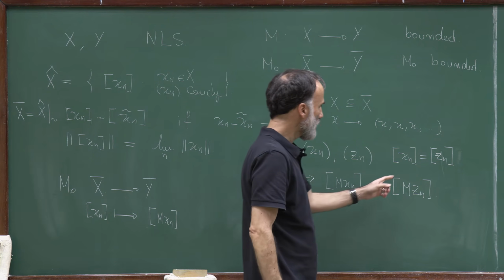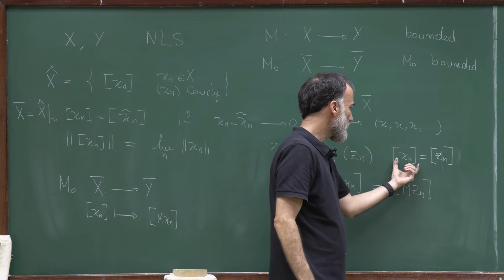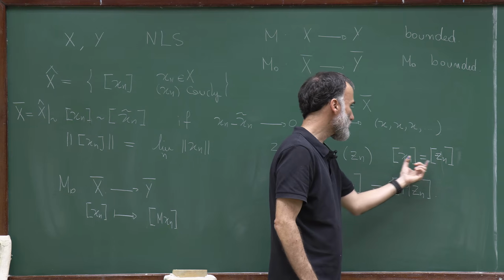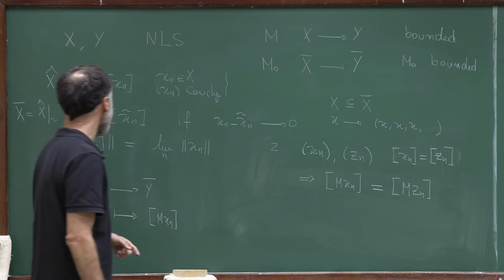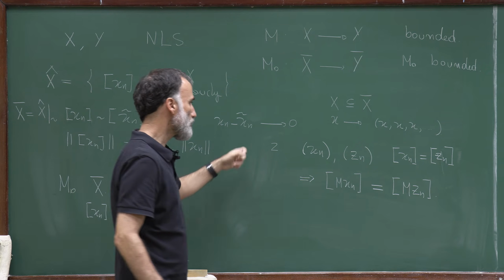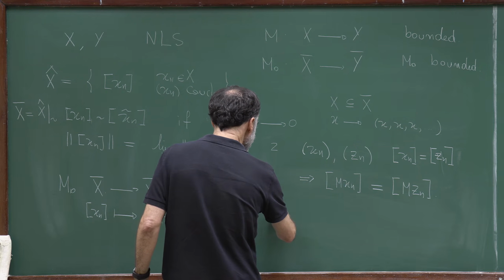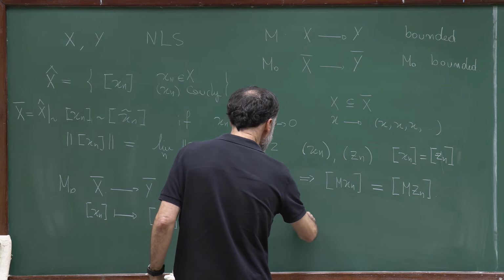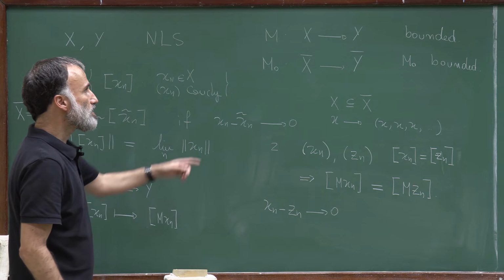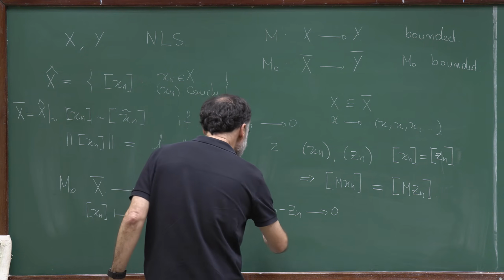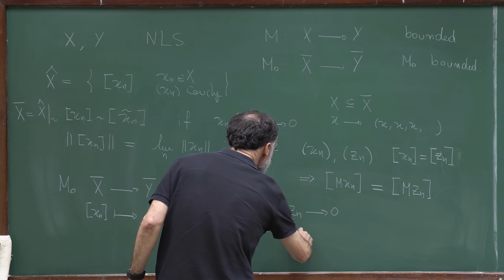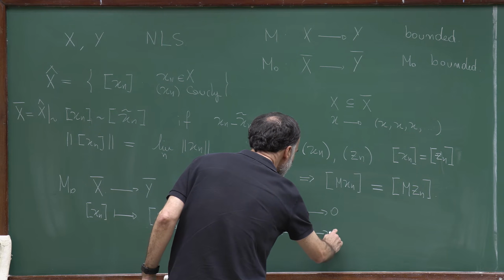So this is the second step. And this is also elementary, because if these two equivalence classes are equal, this means that x_n minus z_n converges to 0. So what I know is that x_n minus z_n converges to 0. Since M is bounded, M is continuous. So this means that M of x_n minus z_n converges to 0.